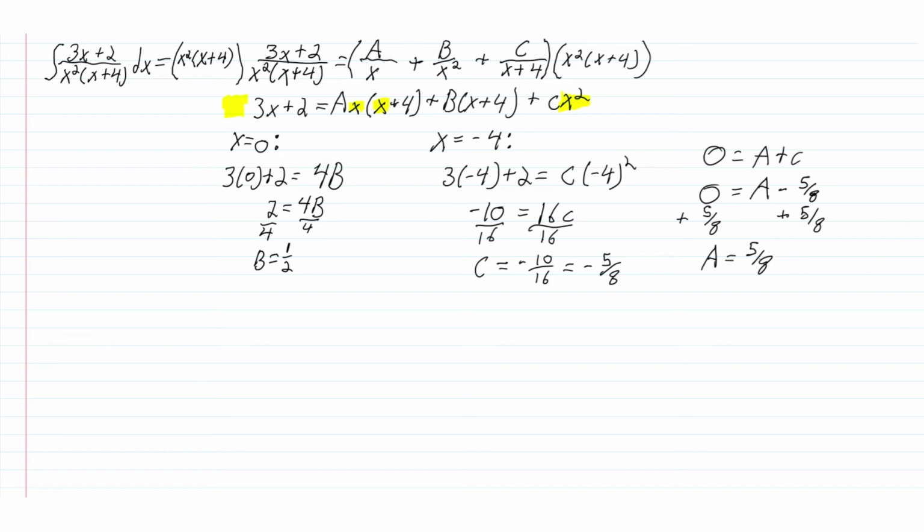And now we need to plug back in. So we have our integral. We know a is equal to 5/8, so we will have 5/8 times 1 over x dx plus our b, which is 1/2, so we will have the integral of 1/2 times 1 over x squared dx, and then plus our c, which is negative 5/8.